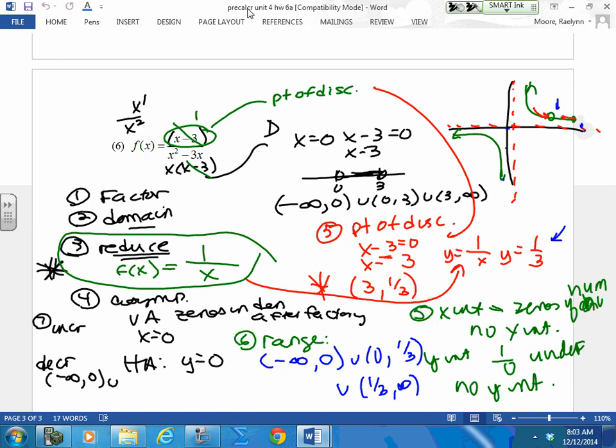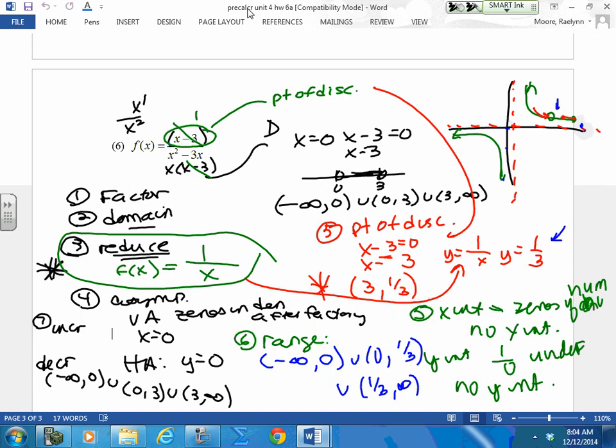So we hit the x of 0, we got to stop. Then we resume up here, and what are we doing? Decreasing, but whoops, we have to stop right there at the 3. So then we're decreasing from 0 to 3. We're going to jump over your 3 and then continue to decrease.